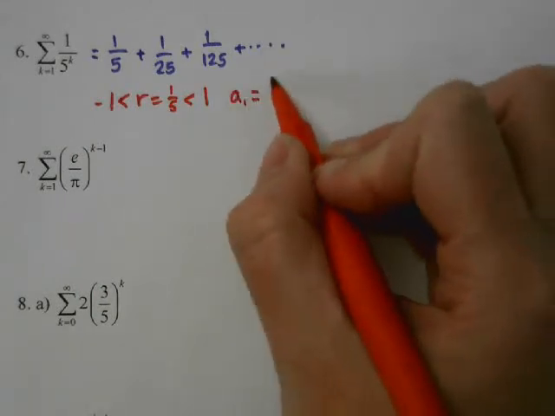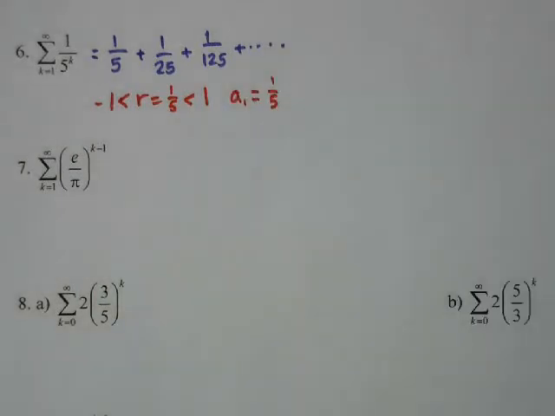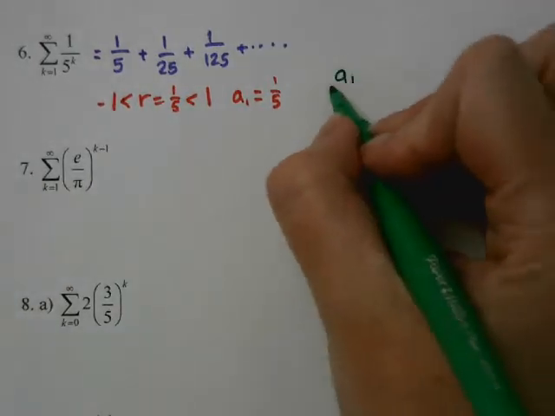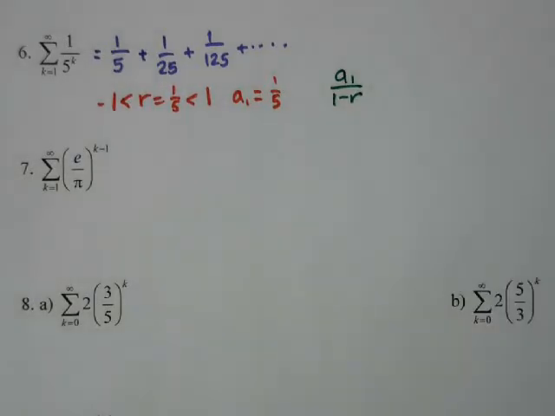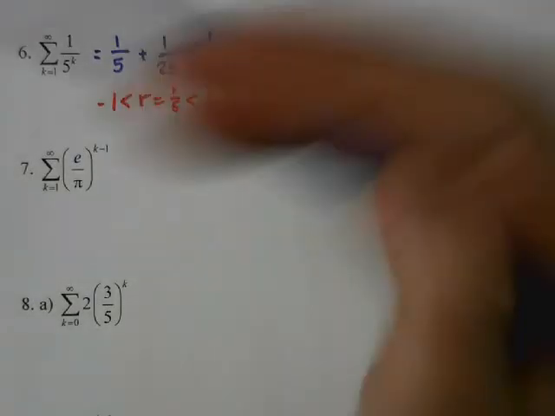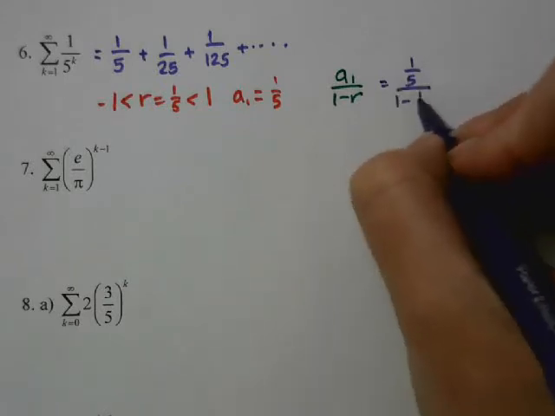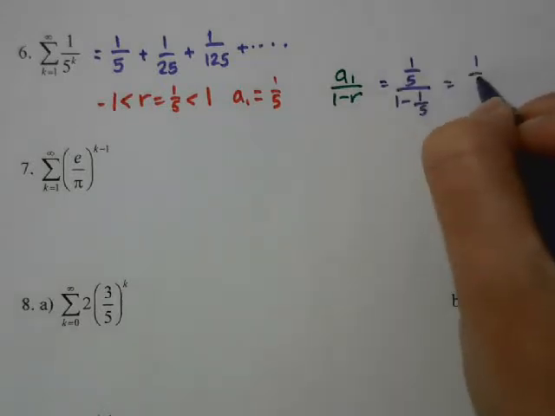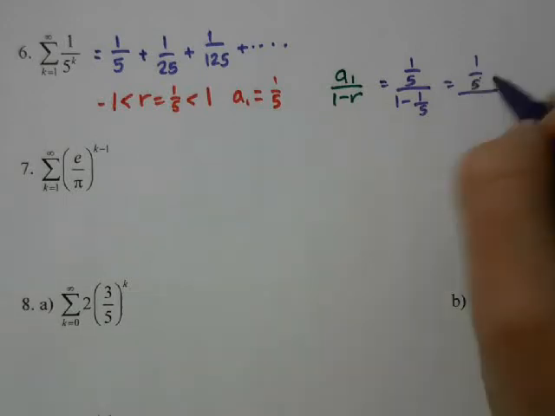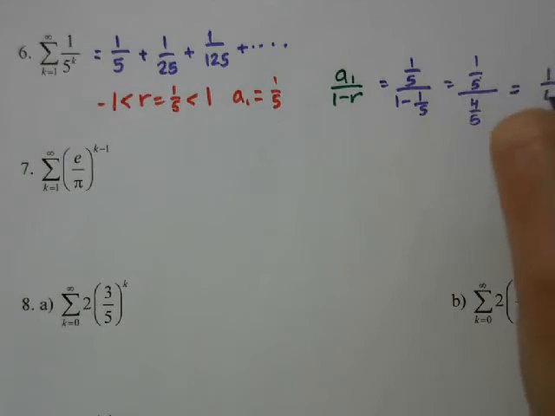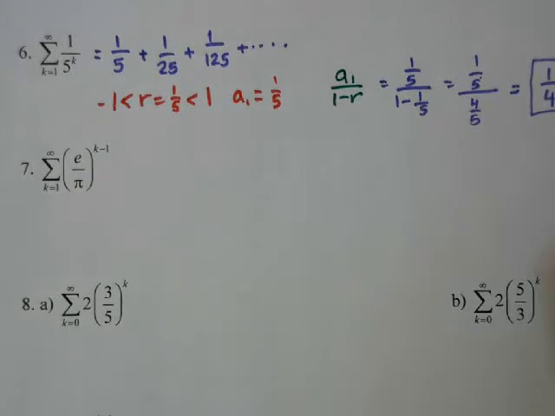Our a1 is 1/5, and then we just simply plug it into a1 over 1 minus r. So a1 is 1/5 over 1 minus 1/5. So that's 1/5 over 4/5, or 1/4. Okay, so this does converge, and it converges to 1/4.